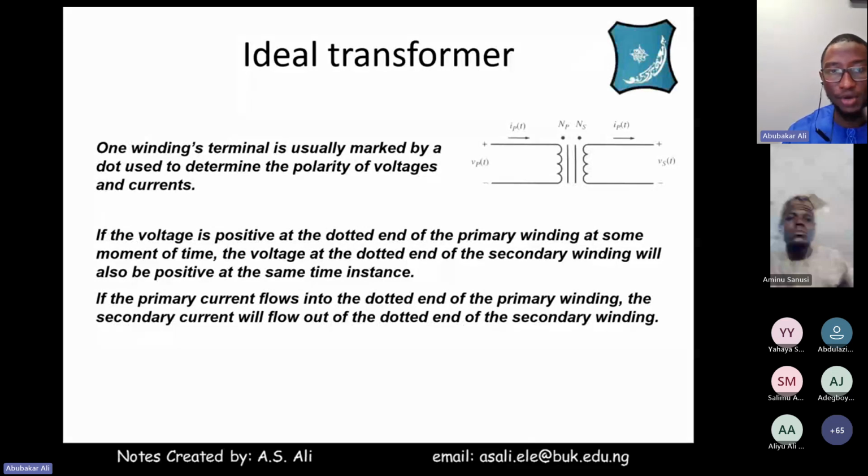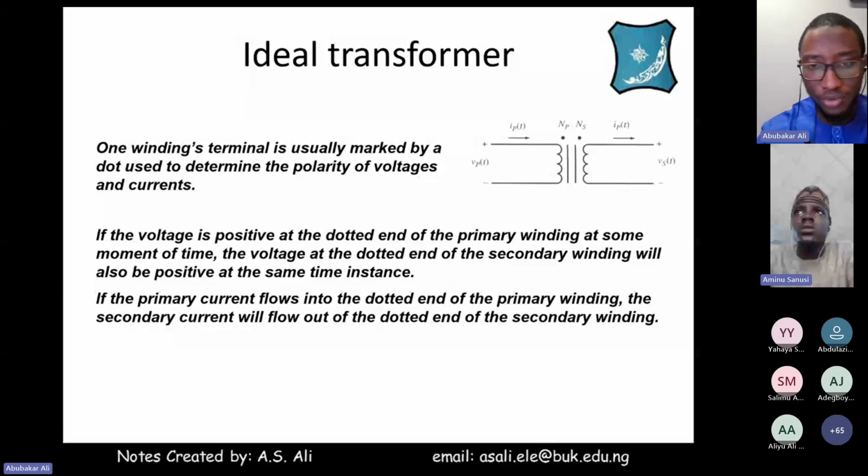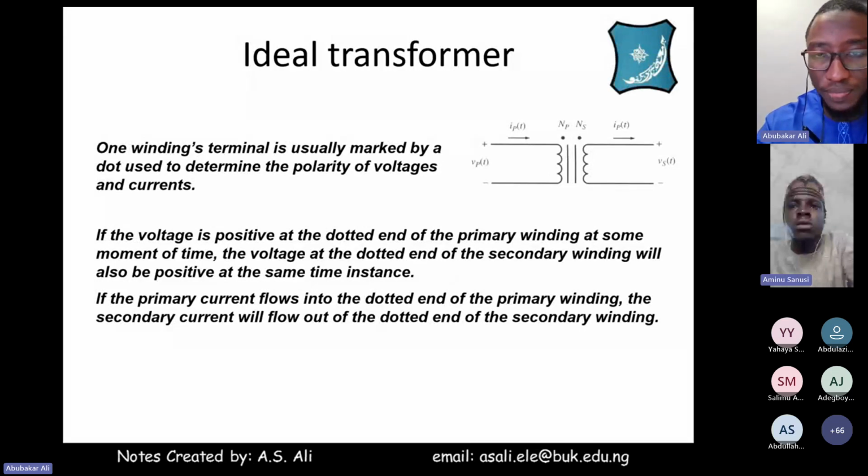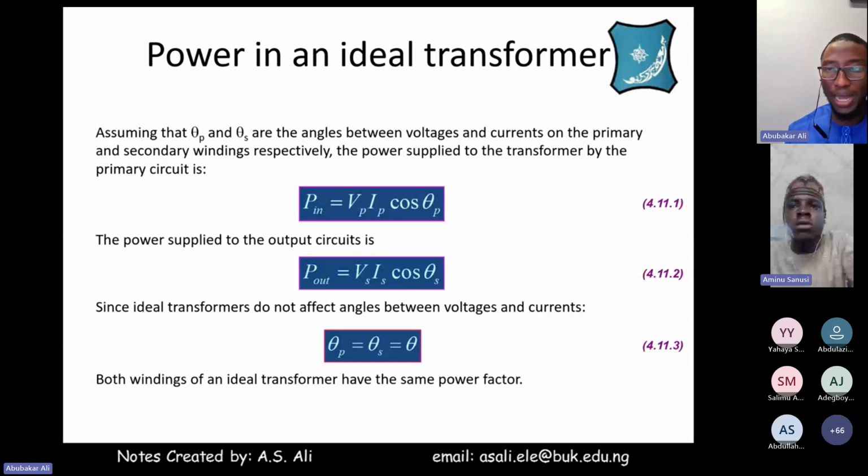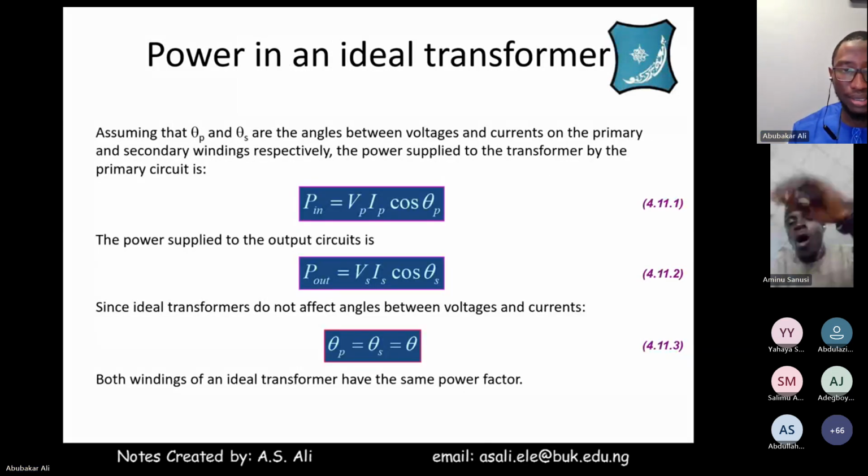When we are dealing with an ideal transformer and we would like to show in a schematic way where current is moving and how, we use the dot. If the voltage is positive at the dotted end of the primary winding at some moment, the voltage at the secondary winding will also be positive at the same time. And in terms of power, you know the equation P equals IV.